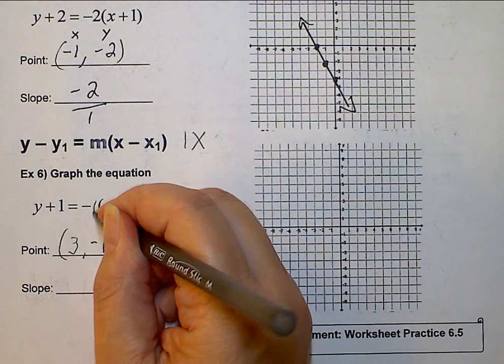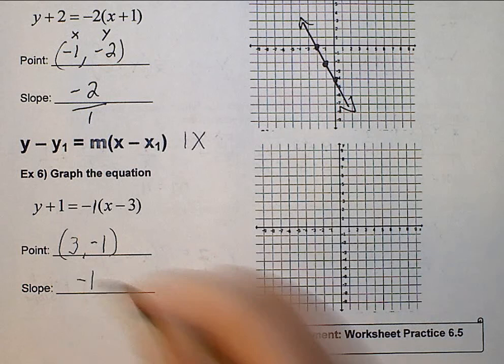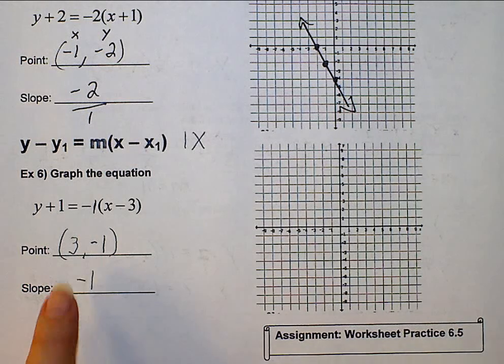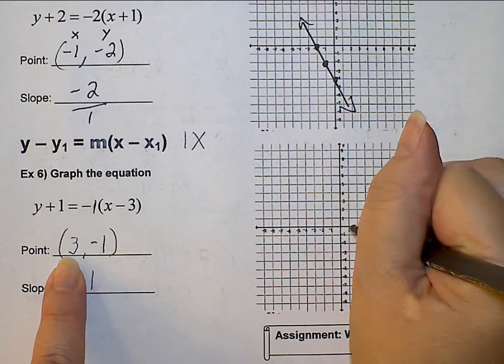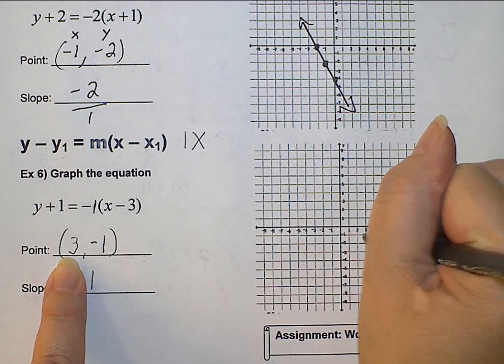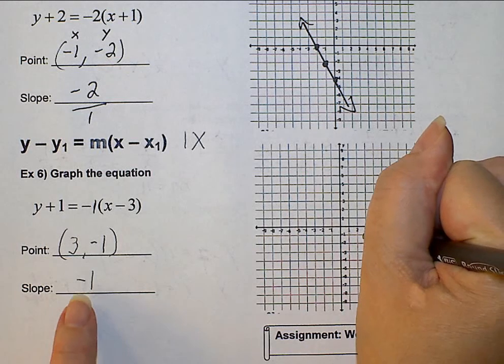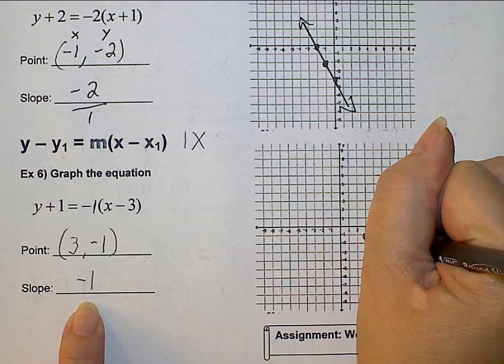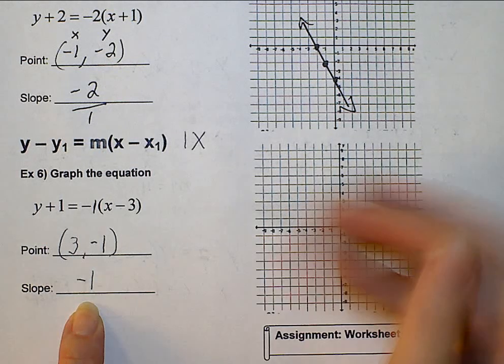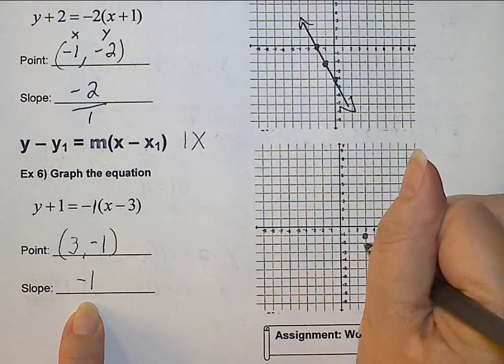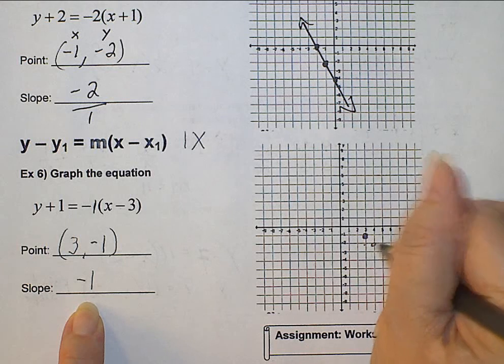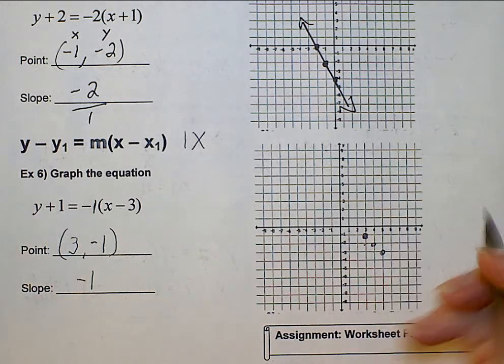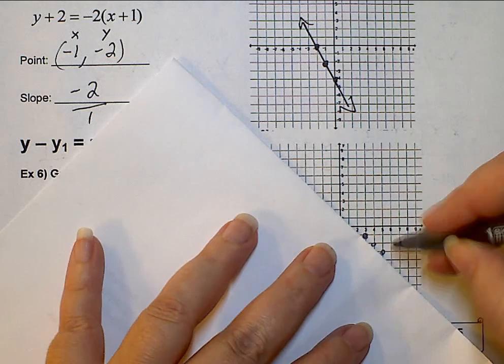So that's a -1. So you go 3, -1, 1, 2, 3, -1, and I plot my point. To go -1, I have to go down 1, over 1. And then I connect my points.